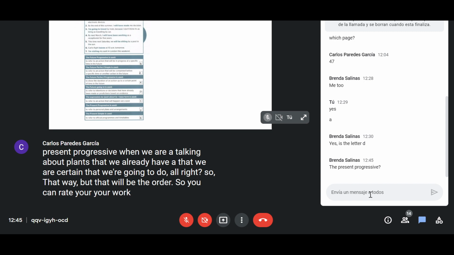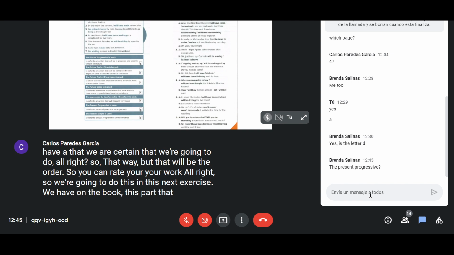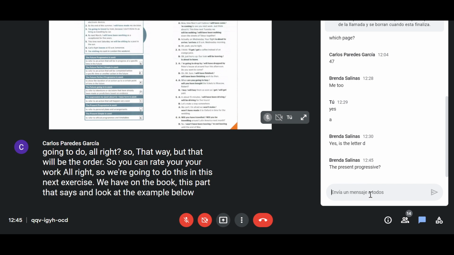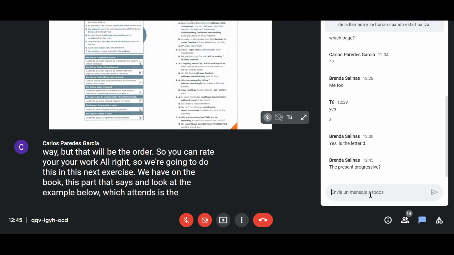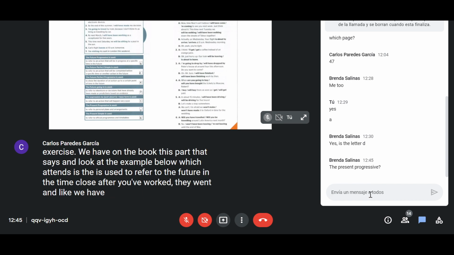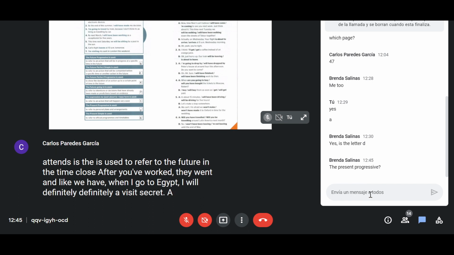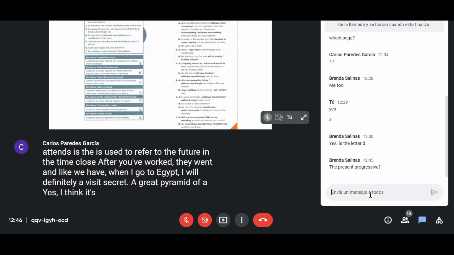All right, so we're going to do this next exercise. We have in the book this part that says, look at the example below, which tense is used to refer to the future in the time clause after the word when. And we have, when I go to Egypt, I will definitely visit the great pyramid of Giza. I think it's pronounced Giza.